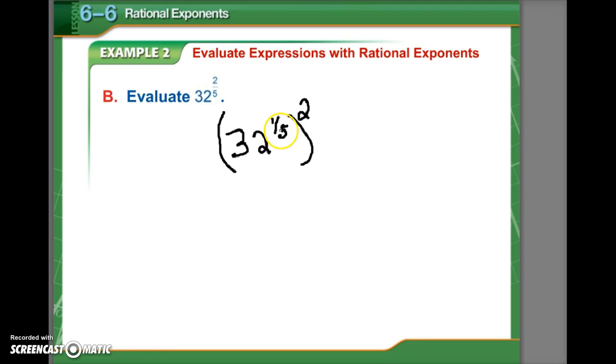Because remember, if we're multiplying exponents, 1/5 times 2 will give us the 2/5 up here. If you look at the exponent table in the classroom, or look it up somewhere, or just type it in a calculator, 32 to the 1/5 power is just 2. And so we're raising 2 to the 2nd power, and obviously 2 to the 2nd power is 4. So while this fractional exponent looks like it's going to be difficult from the start, the problem's actually really easy.